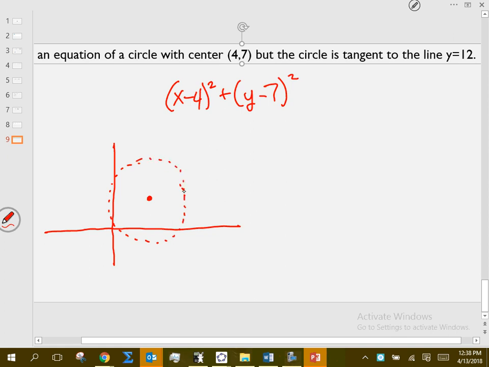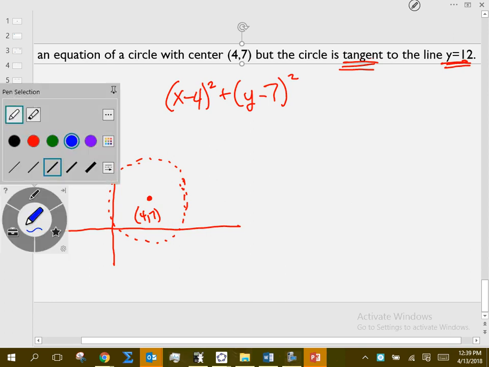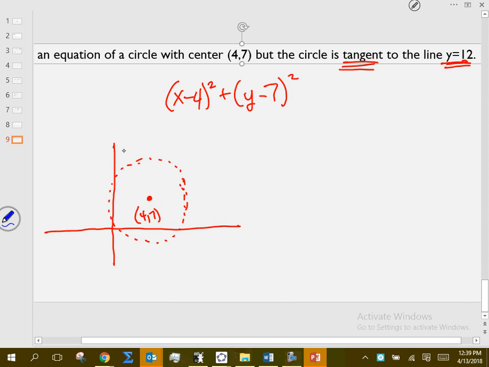Okay? Now, what does the word tangent mean to us? What does a line that is tangent to a circle mean? It only hits at one point. Okay? What does the line y equals 12 look like? What kind of line is it? It's horizontal.